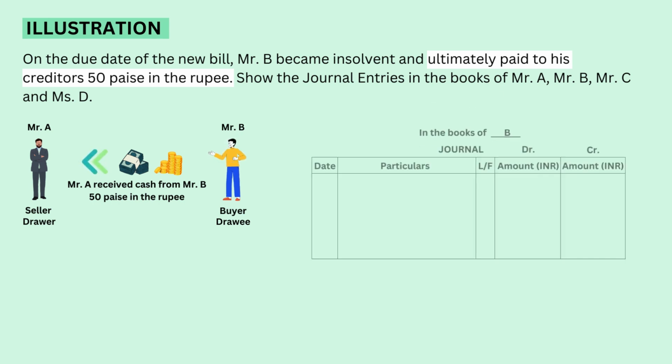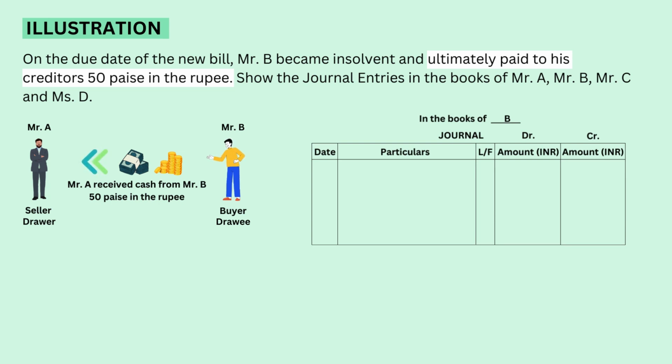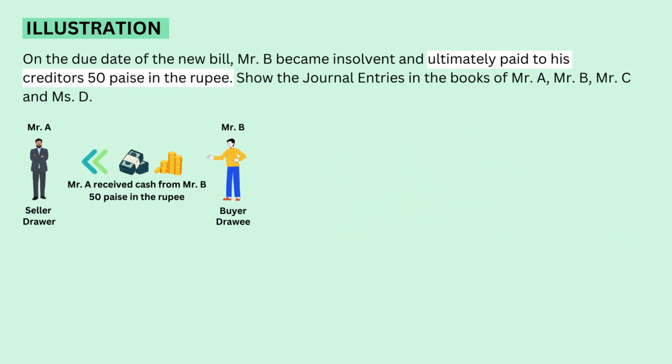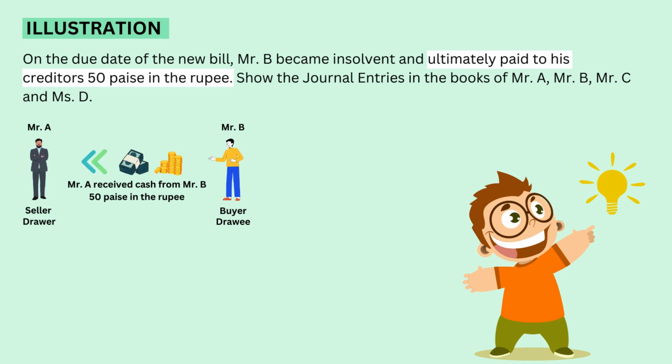And in the books of Mr. B, Mr. A account debit rupees 80,000, to cash or bank account rupees 40,000 which is paid, to deficiency account rupees 40,000 which could not be paid. That's all. Thus we can solve any illustration of bill of exchange with insolvency.